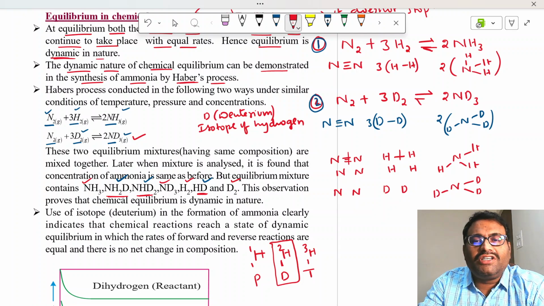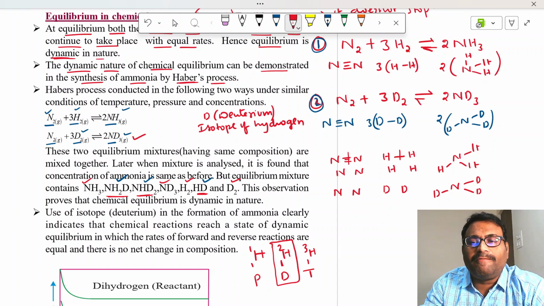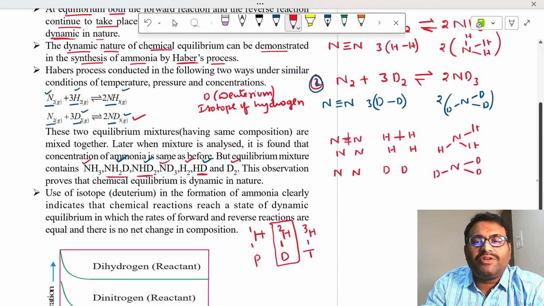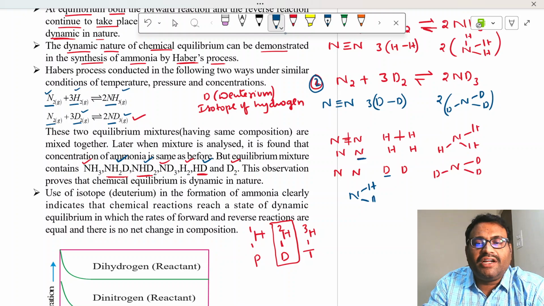So when both reaction 1 and reaction 2 are present, nitrogen atoms, hydrogen atoms and deuterium atoms are present. If the reaction had stopped, different species could not be formed. But now different species are also formed: nitrogen combining with hydrogen and deuterium, NHHD, NHD can be formed.